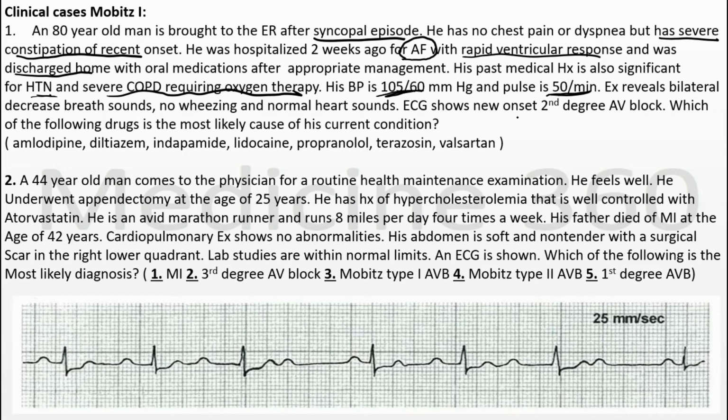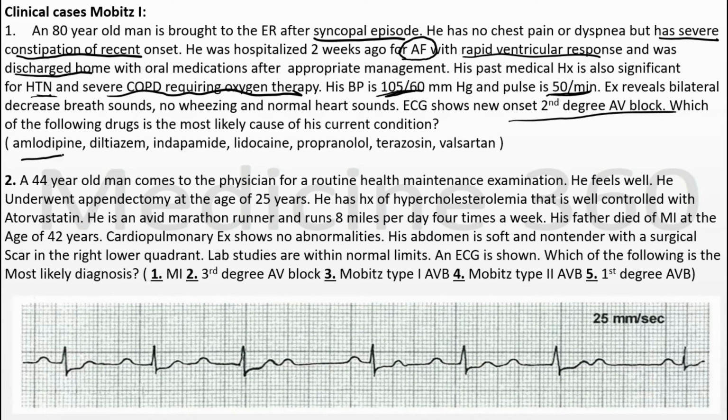ECG shows second degree heart block. Now, the drug which is causing the syncopal episode, the severe constipation, and bradycardia, we will choose one of these. Amiodarone cannot lead to second degree heart block.